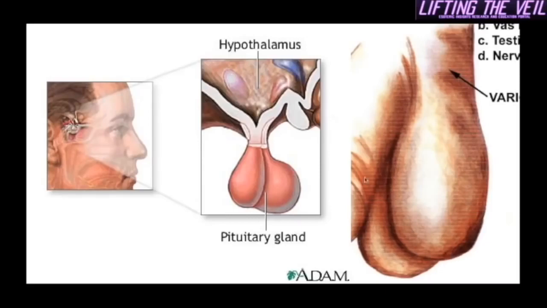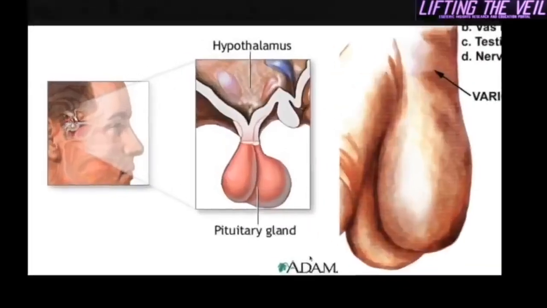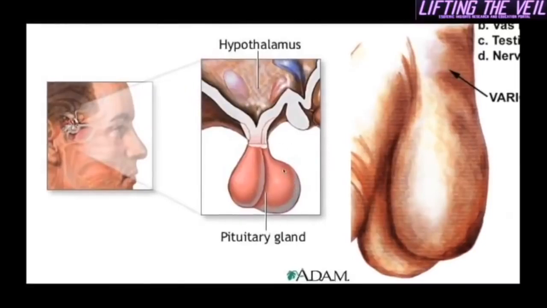The similarity between the male genitalia and as above, so below the belt: the pituitary gland and the male testicles. So as above, so below the belt. Again, one of the only glands that falls at the direct midline of the human brain, and again, one of the only organs that falls at the direct midline of the human anatomy.